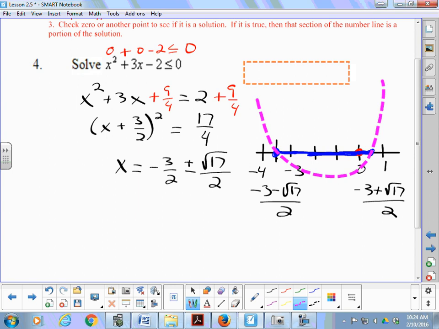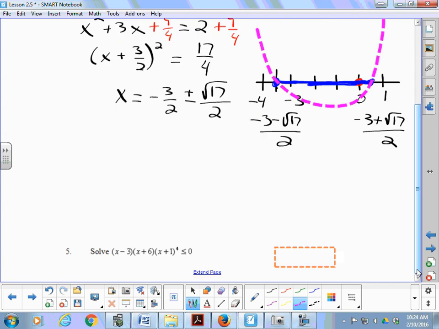Where is it less than 0? Between them. If the graph was negative, it would frown, and the greater part would then be between instead of on the outside. But all you have to do is check a point and you're golden. It works really well.